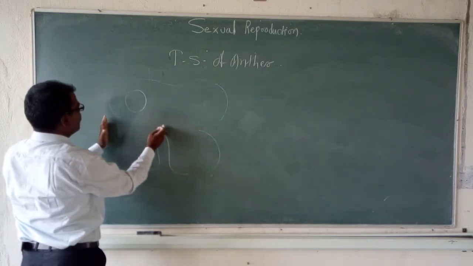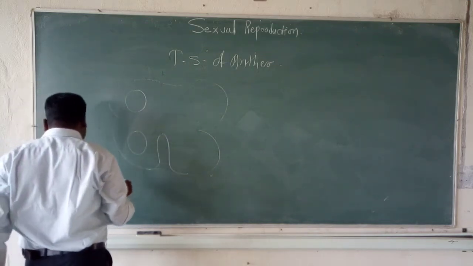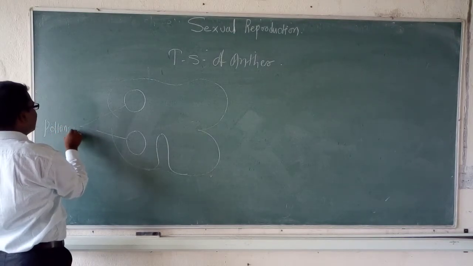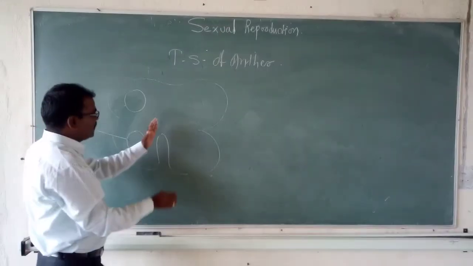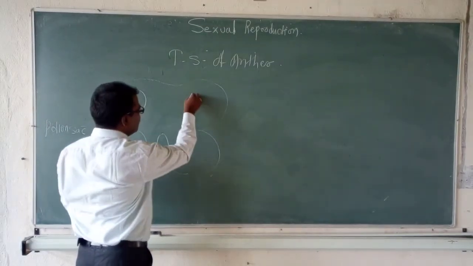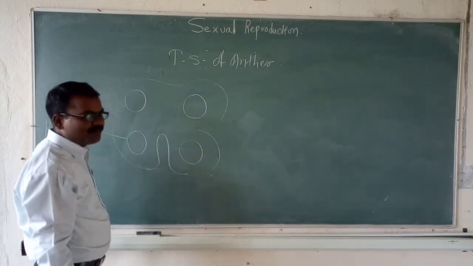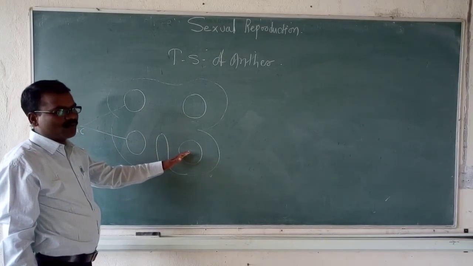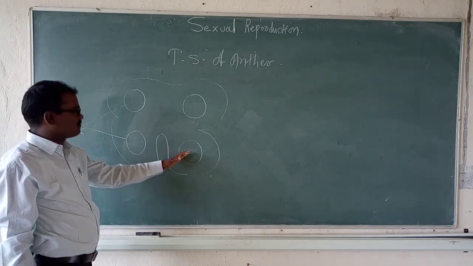In one anther lobe, there are two pollen sacs or microsporangia. In the other anther lobe, there is also development of two pollen sacs or microsporangia. Hence, there is a development of 4 microsporangia or pollen sacs. Hence, it is tetrasporangiate.